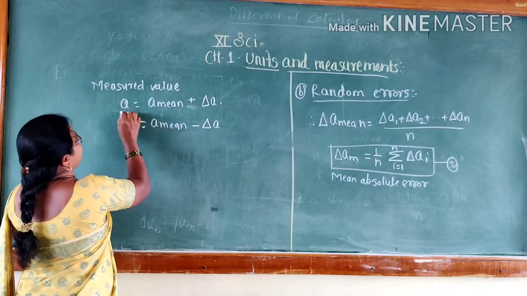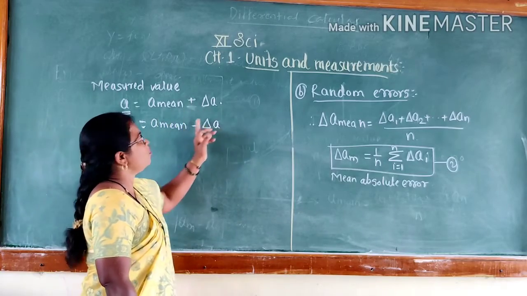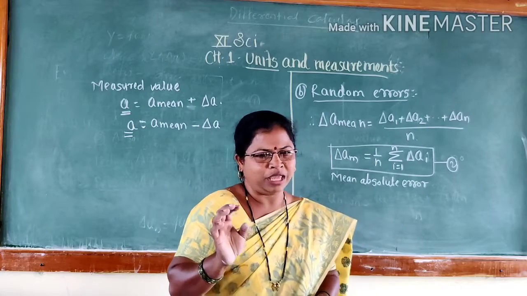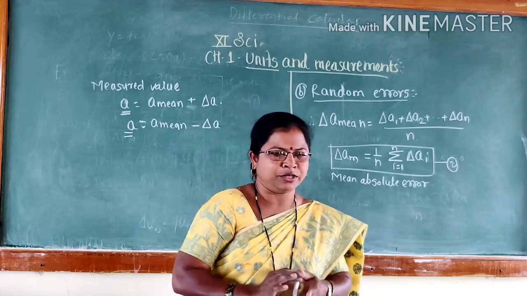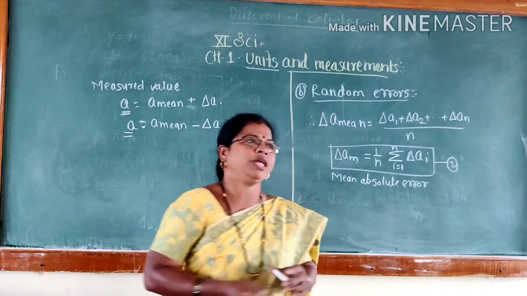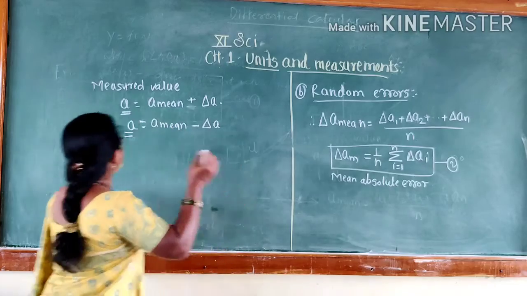Therefore, the exact or measured value A is equal to A mean plus or minus delta A, the absolute error. Okay, it lies in between these two. Therefore, the ratio of mean absolute error to the arithmetic mean is given by the relative error.